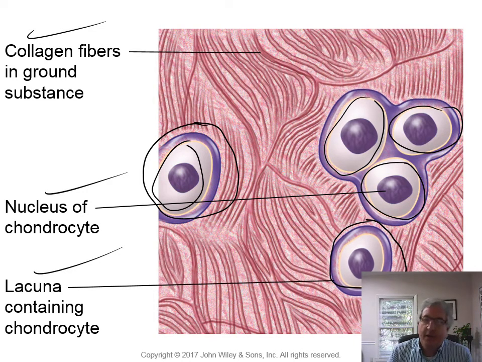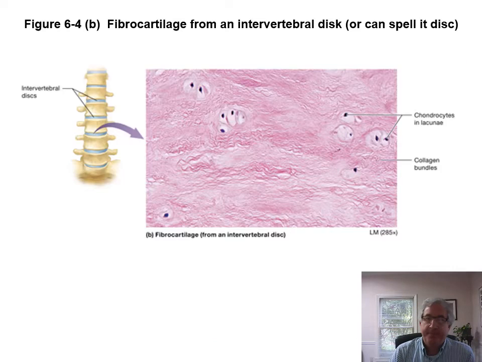And then you have those collagen fibers. They're not lined up like you would have in dense regular connective tissue. So these collagen fibers are kind of in a line, but they go different directions. It gives you a lot of strength from compressibility. So that's fibrocartilage. Next slide.